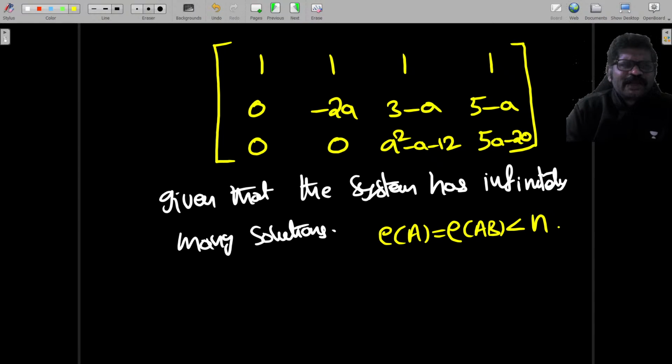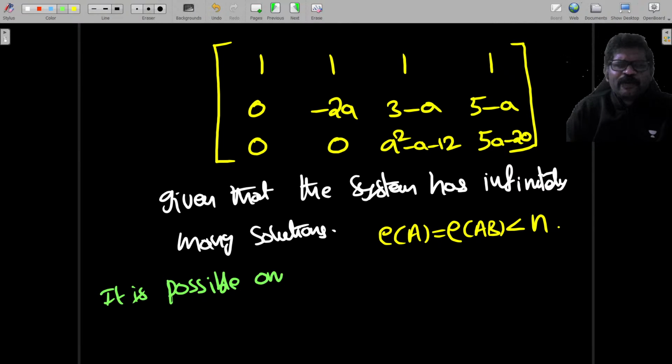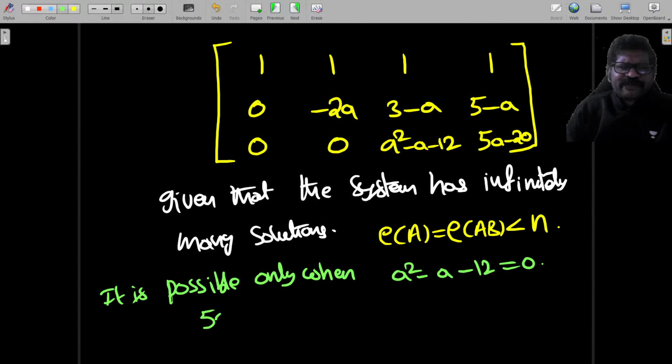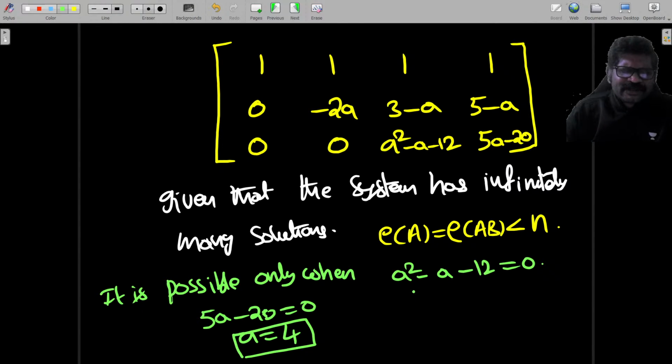That is possible only when A square minus A minus 12 equal to 0 and also 5A minus 20 equal to 0. 5A minus 20 equal to 0 means A equal to 4. If you substitute A equal to 4 here, that is also satisfying. Therefore, A is equal to 4 is the correct answer.